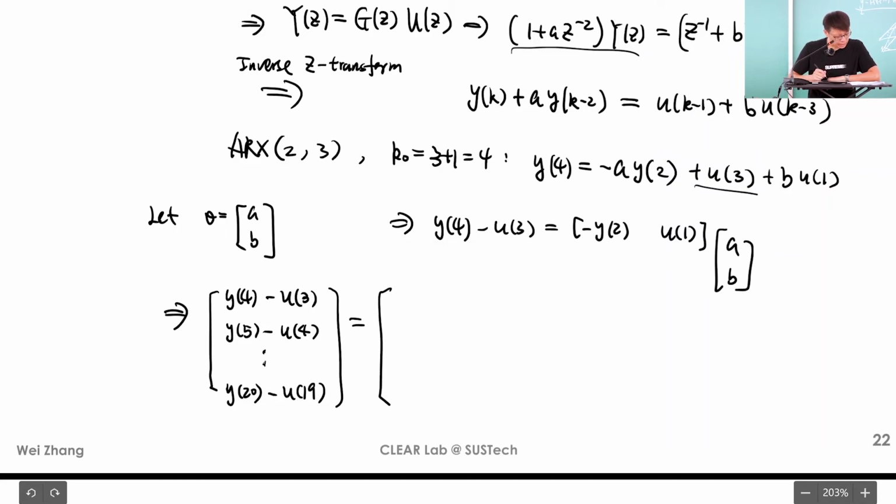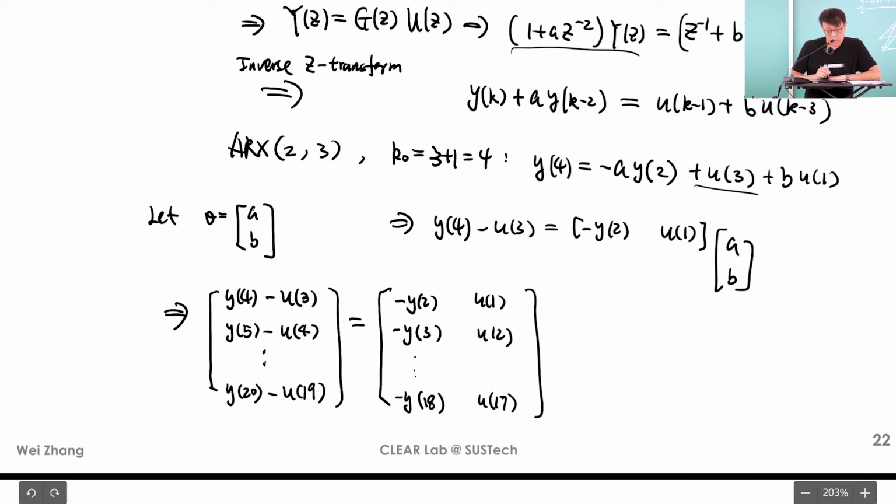And on the right-hand side, I have a matrix. This is negative y2, u1. The next one is negative y3, u2. All the way to negative y18, u17. Okay, so times A and B.